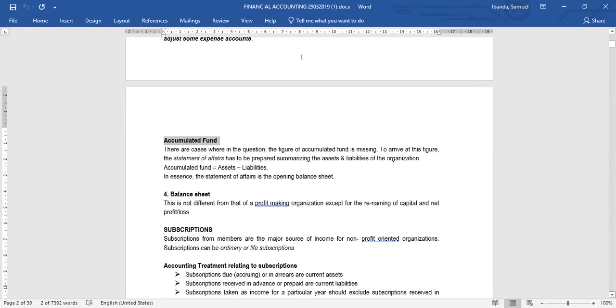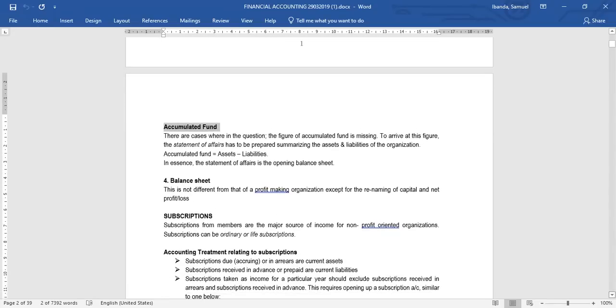Then we have the balance sheet, which is the statement of financial position. Now, balance sheet, I know you now have ideas of how to prepare this balance sheet, but even when it comes to for-profit, it's the same kind of thing.